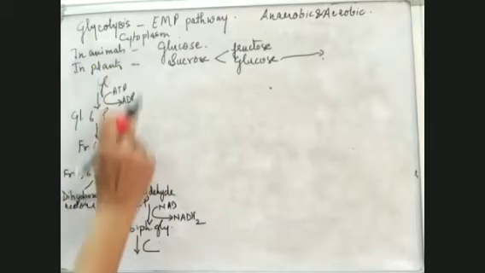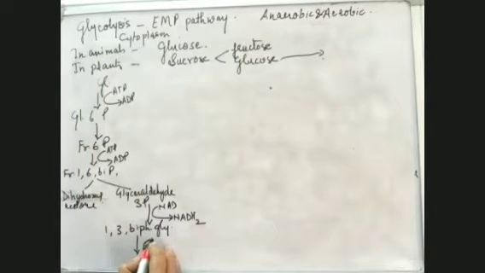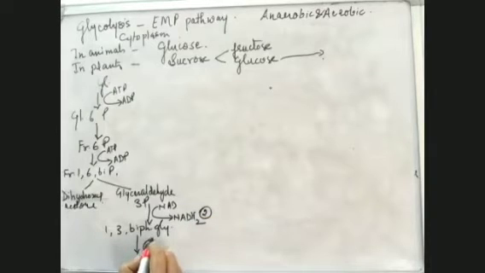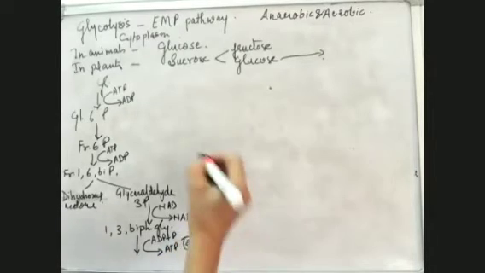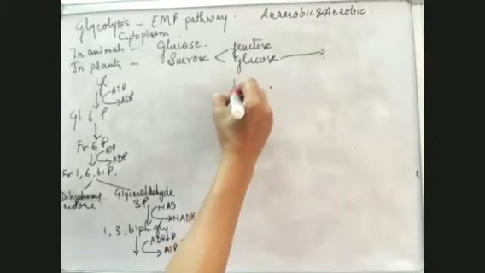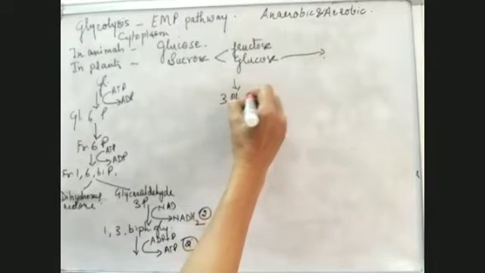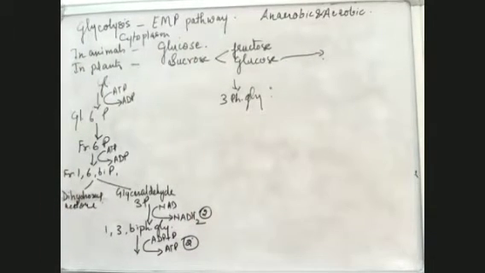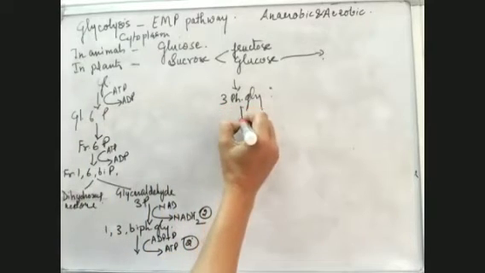For these two molecules, ADP plus P gets converted into ATP. Two of these ATPs are formed. Then 1,3 biphosphoglyceric acid gets converted into 3 phosphoglyceric acid, and then this gets converted into 2 phosphoglyceric acid.